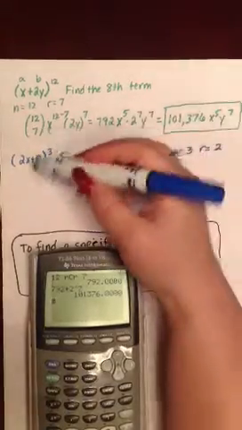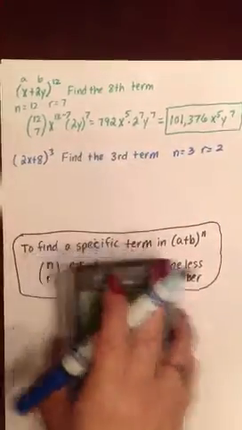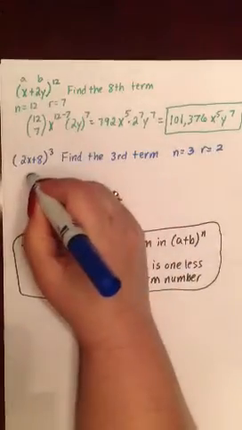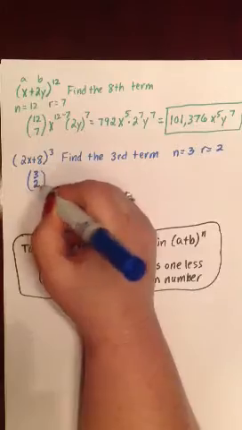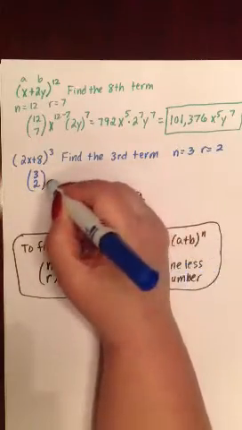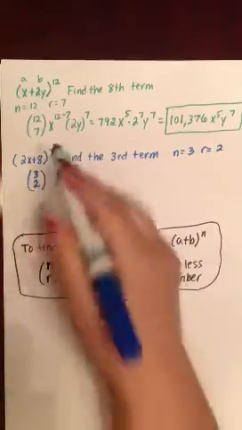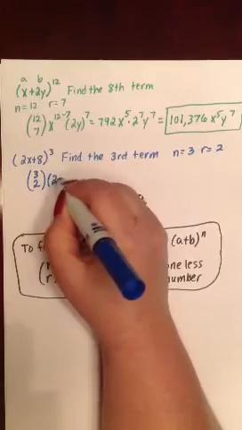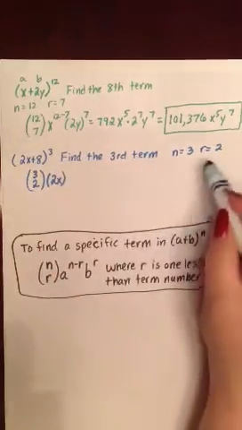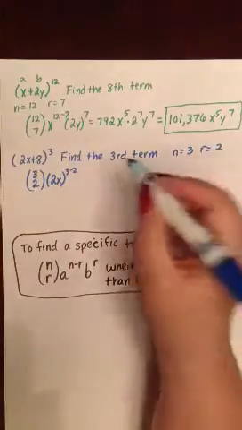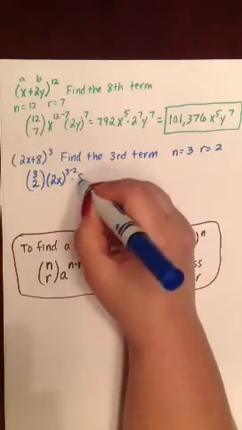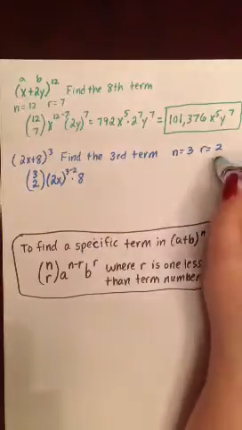So this is going to be 3 things taken 2 at a time, or 3 nCr 2, and then instead of the a here, I'm going to put 2x, and it's to the n minus r, so that's 3 minus 2, or 1st power, and then times 8 to the 2nd power.